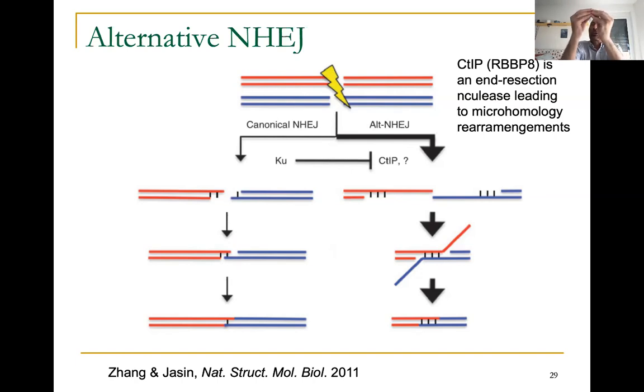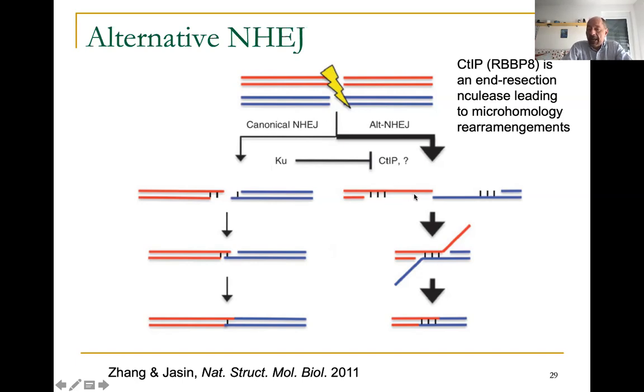What if you cannot do it? What if Ku is unable to bind because the break is too dirty? Imagine that you have too many breaks here, too many base damages all together. The damage is too clustered, the damage is too dirty. Then Ku is unable to bind, so Ku is unable to inhibit CtIP. Then CtIP comes, and CtIP will make resection.